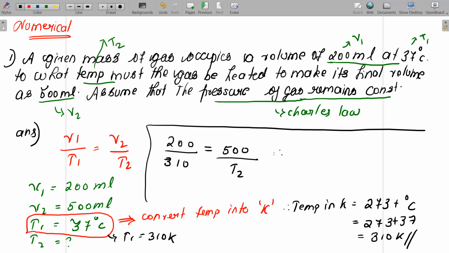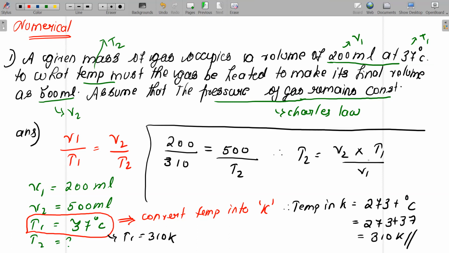Therefore, you can write T2 is equal to V2 into T1 divided by V1.